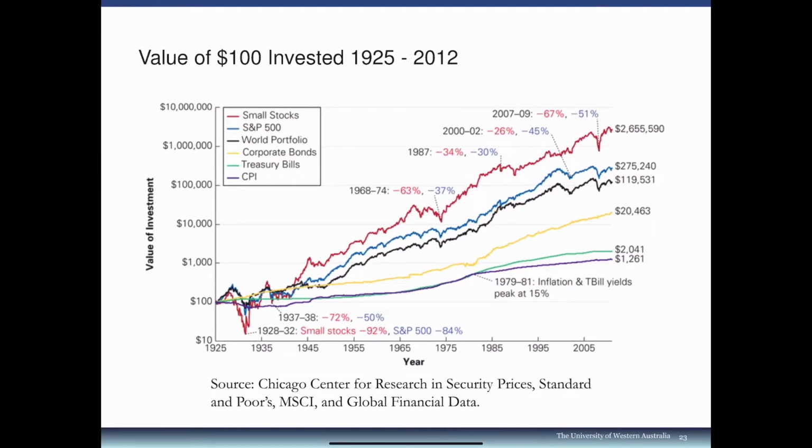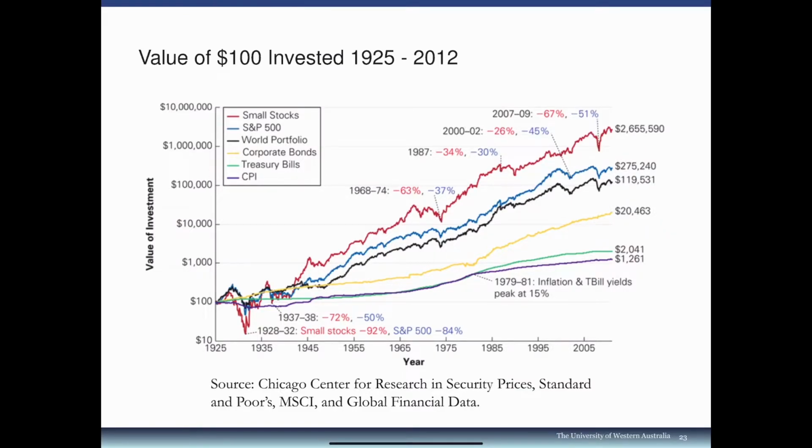So let's have a look at this figure. It's a very important figure. The idea of this graph is to show you that, back in 1925, someone, say your great-great-grandfather, put $100 in the following investments. Let's have a look at what kind of investments he had.